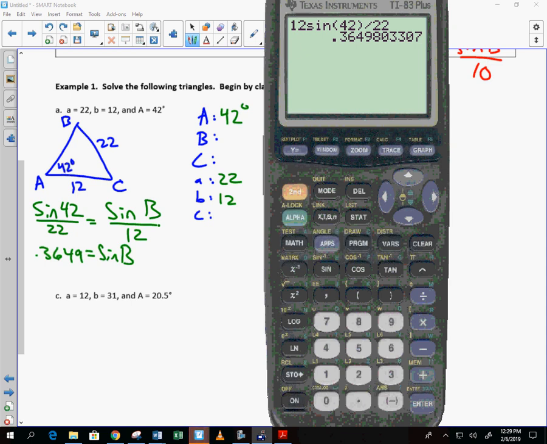Is it possible for sine to be a value of 0.3649? Yeah, because sine has to be between -1 and +1. So we know it's a reasonable solution. We will sine inverse that value, and we come up with 21.41 degrees.